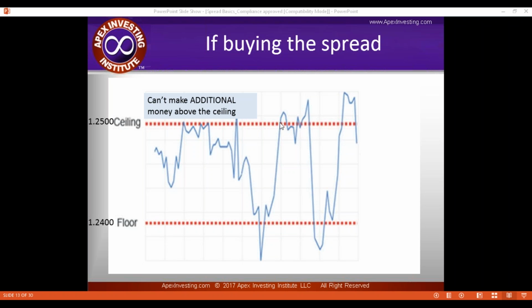Am I making any money from here to here? No, because I'm only making money up to the ceiling. So just like it didn't close your trade out automatically when it goes against you at the floor, guess what? It's also not going to close your trade out if it goes all the way to the ceiling.